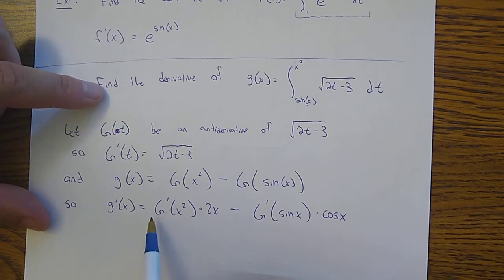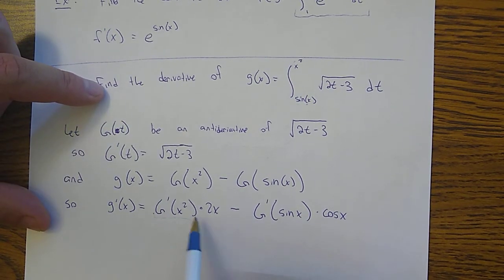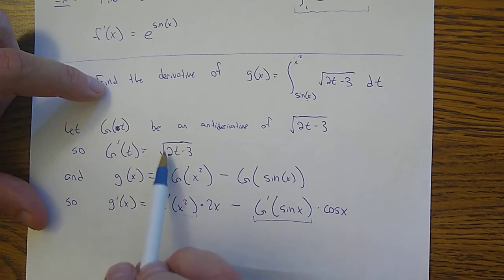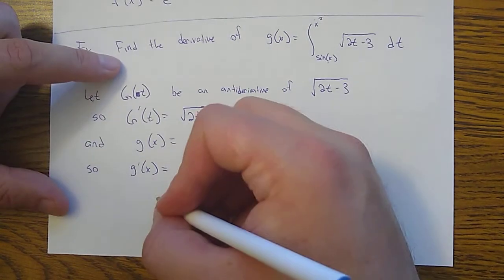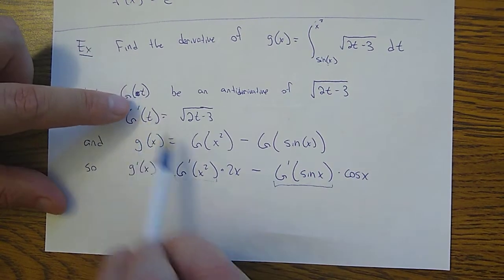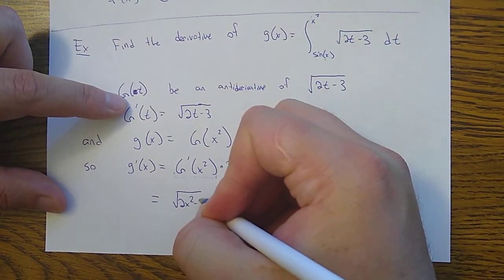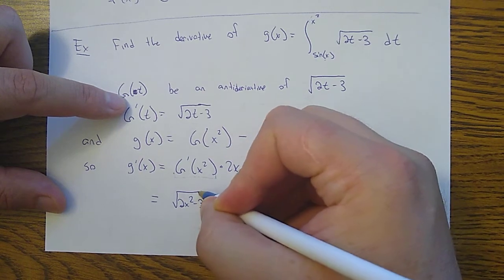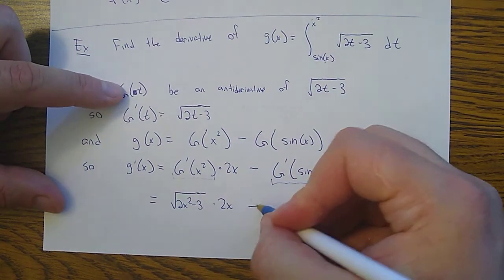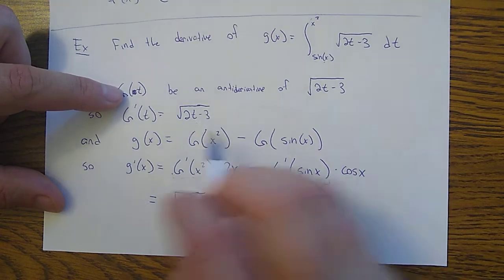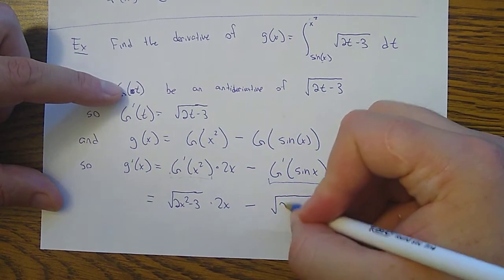Now, I know what g prime is. G prime is this. So g prime of x squared would be this. G prime of sine x would be this.